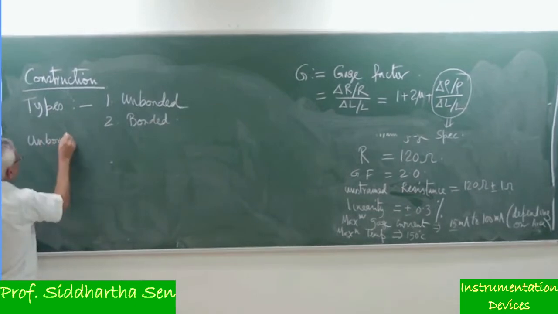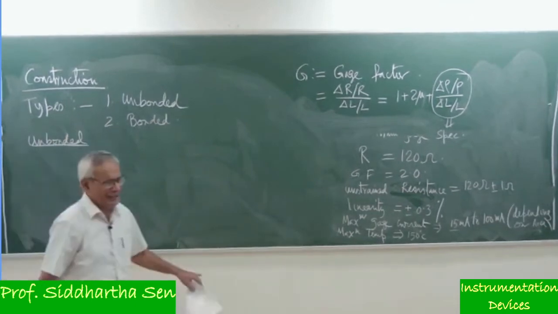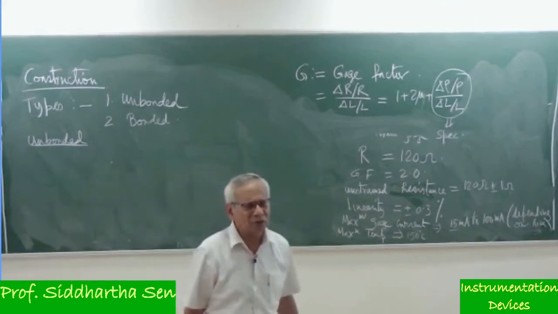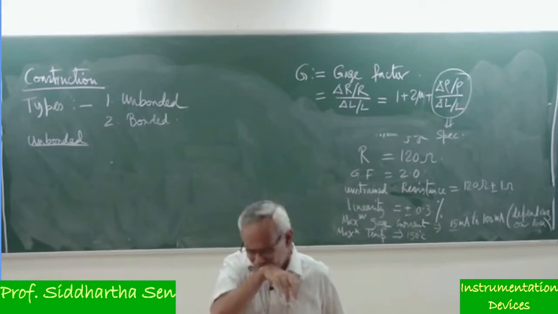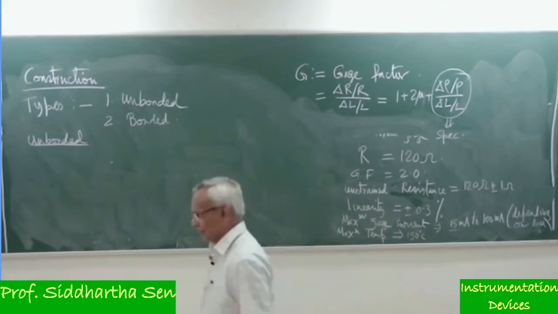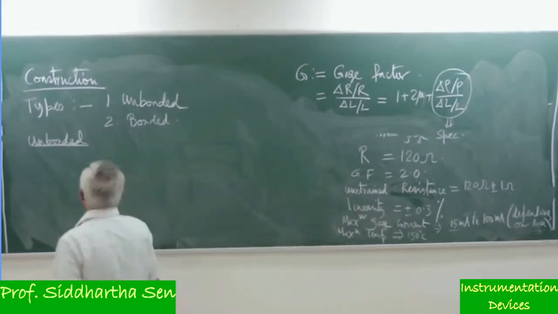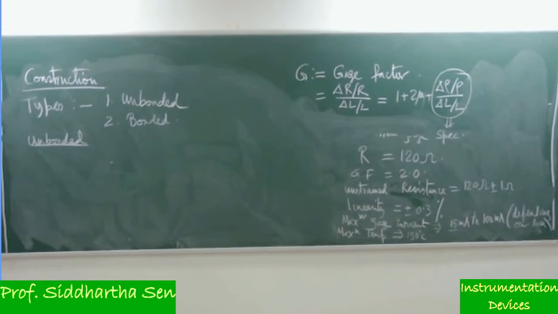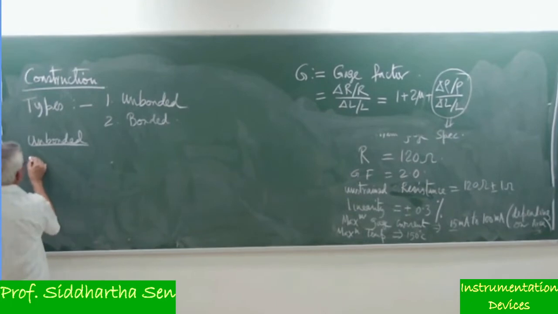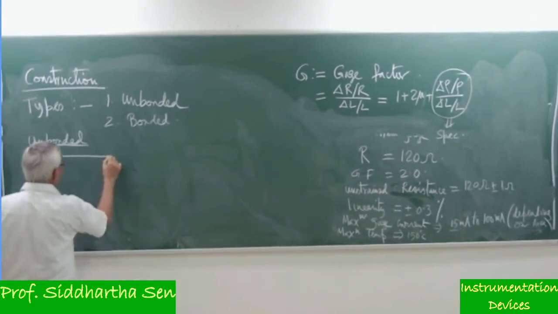We'll come to it afterwards, but let me tell you right now, strain gauges are not normally used as a single piece. They are used two or four together. This unbonded one is used for measurement of strain or displacement of big structures, etc. So what we have is something like this.